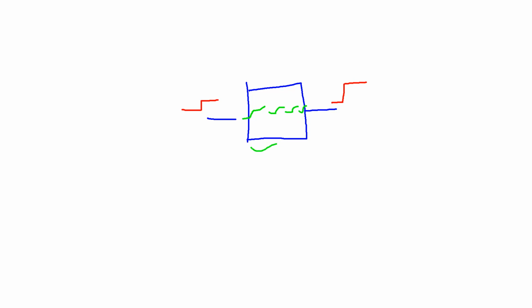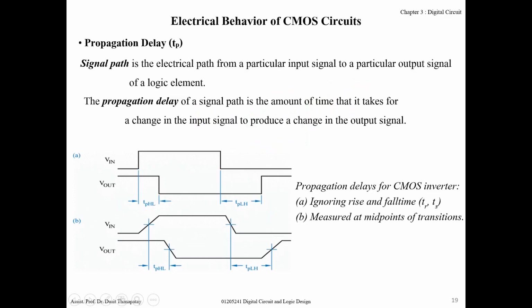The time it takes after the input changes until the output changes is called propagation delay. For example, with an inverter, when the input changes from low to high, the output must change from high to low. The time it takes before you see the result at the output after the input change is the propagation delay.